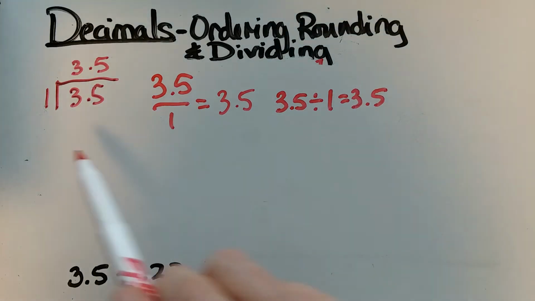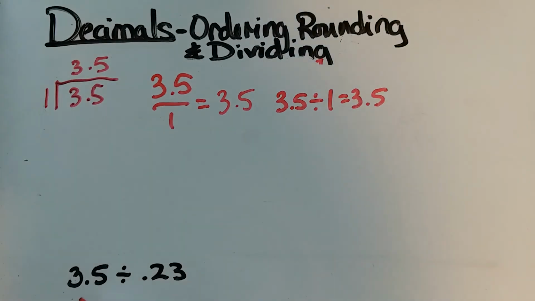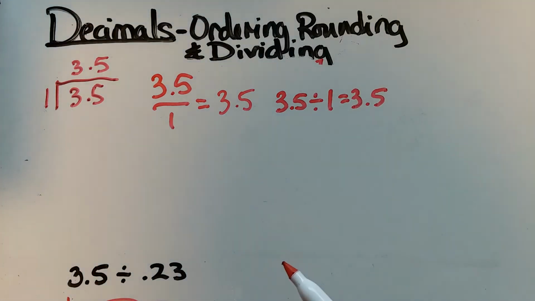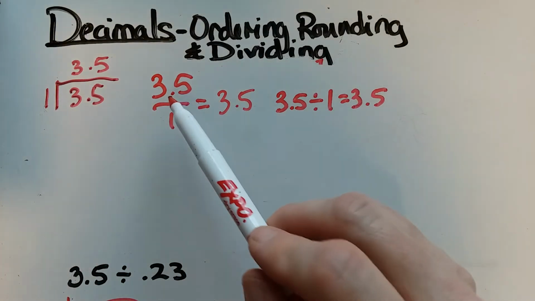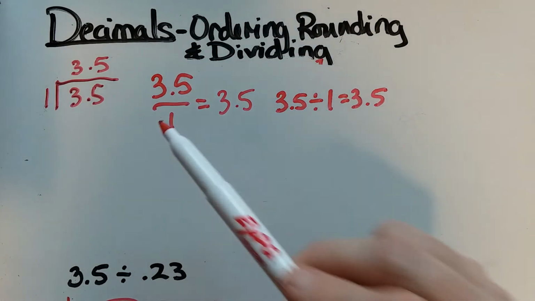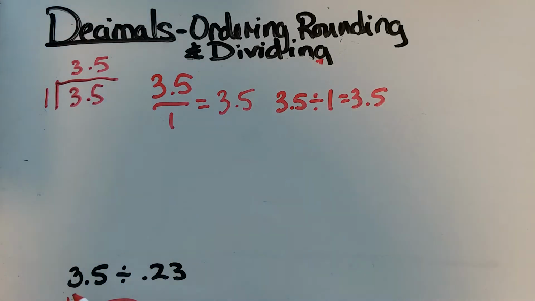The reason why I write this is because sometimes when people are given a problem in this form, you don't know exactly how to set this up. And I would say, look at it like it's a fraction. When you say 3.5 divided by 1, some people look at fractions that way. Now this is 3.5 divided by 0.23.